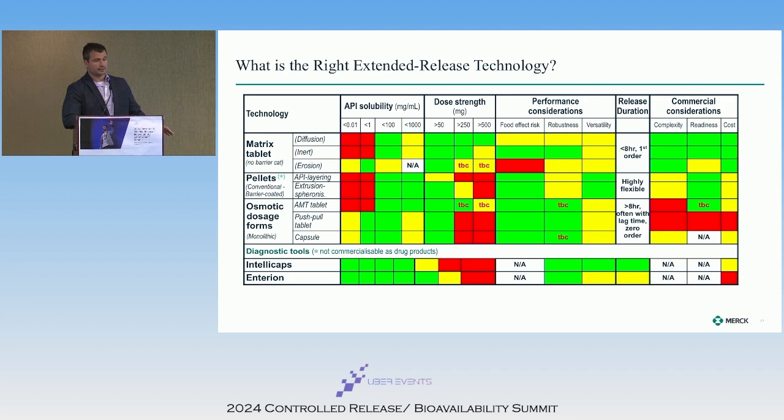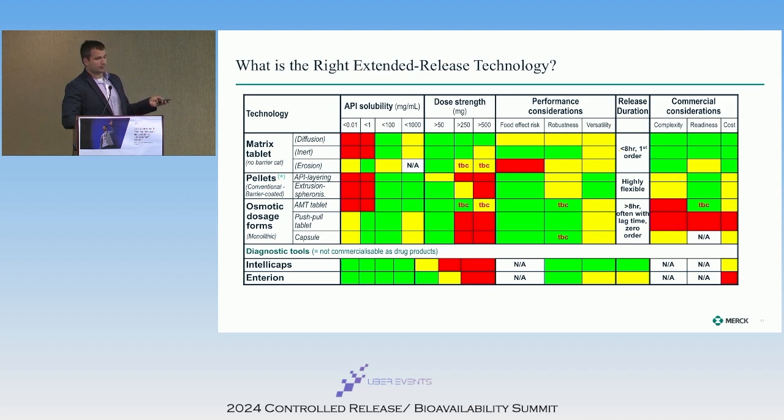The pellets, if you're looking at a conventional barrier coat, there have been more recent examples where you start getting to higher dose strengths using very high drug-loaded mini tabs. But generally with your pellets, you're also in a poor spot.